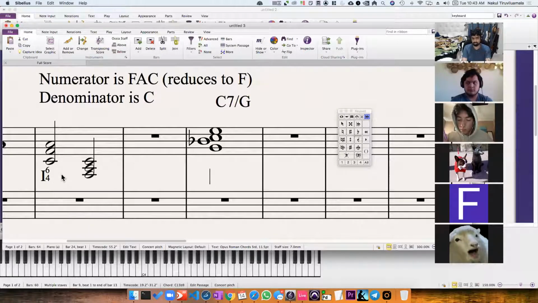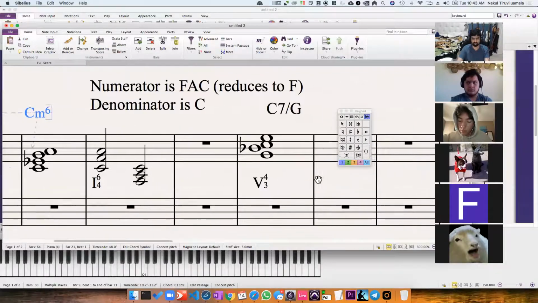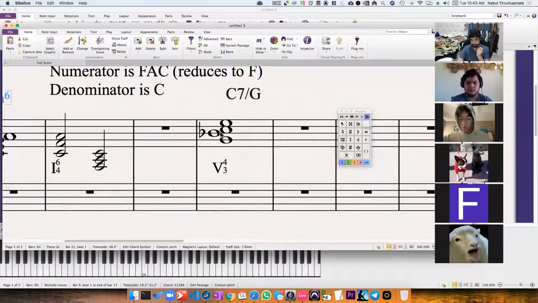So let's say we're in the key of F major, which I guess we are from before. This would be a 5, and it would be a second inversion. So it would be a 6/5/4/3, right? So yeah, this would basically be the same thing as a second inversion chord.